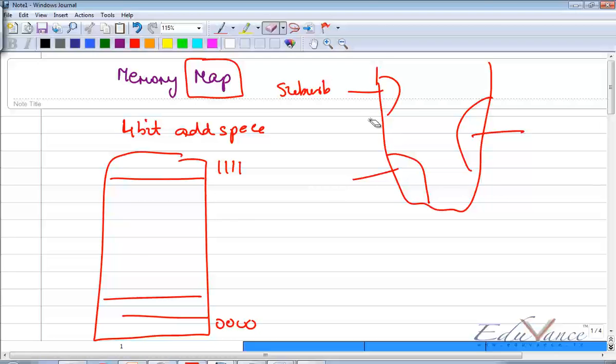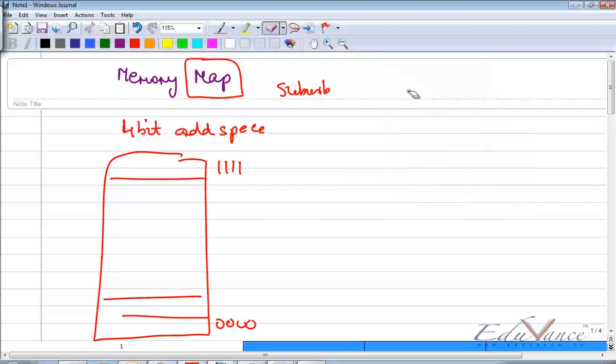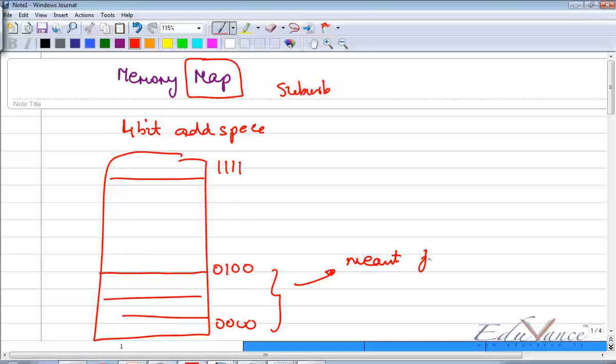Using the map analogy, I can say that location 0000 to location 0100 is meant for program data.